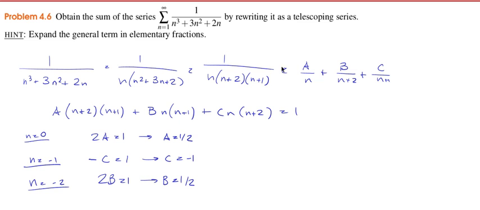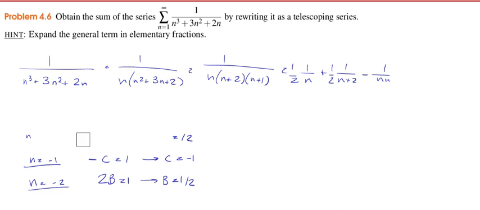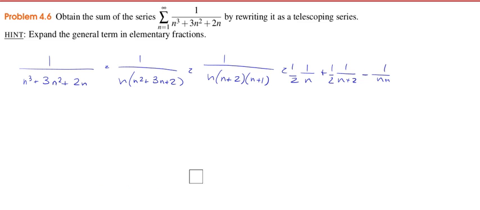So let me substitute here. I'm going to erase this. So we have 1/2 of 1 over n, plus 1/2 of 1 over n plus 2, minus 1 over n plus 1. Now, as usual with telescoping series, let me write the series.